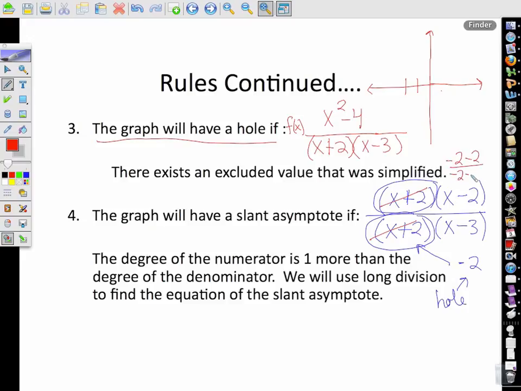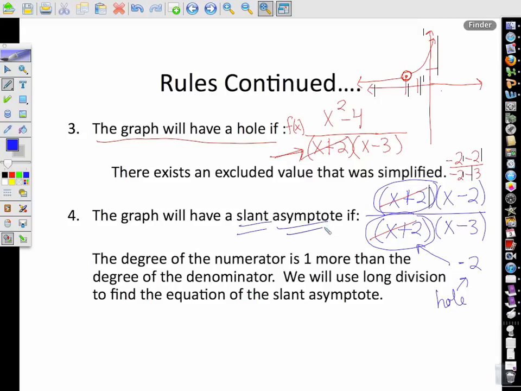So negative 2 minus 2 over negative 2 minus 3. That's negative 4 over a negative 5, which is 4/5. So negative 2, 4/5. This is where your hole would be in your graph. Now maybe the rest of the graph has a different behavior, but that's at least where you would identify your hole. Okay. Your hole is going to come from what you can cancel here. So since I can cancel this x plus 2 with one from the top, that's the x value of your hole.